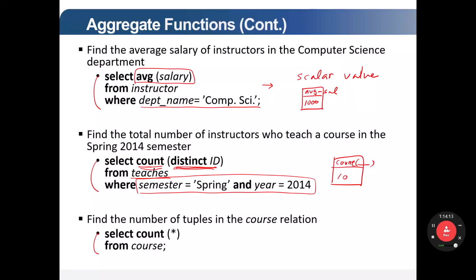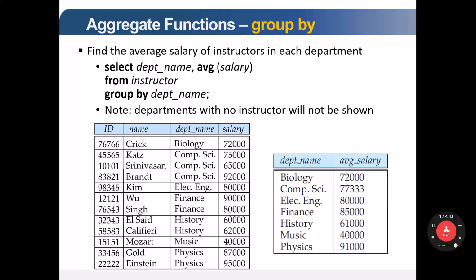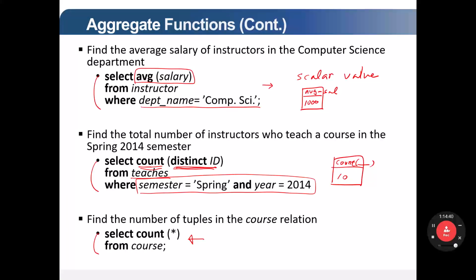And if you are curious about how many records you have in a particular table, you can use this count function with the asterisk operator. And this aggregate function is commonly used together with the group by operator, but I think this is going to take some time to explain this slide, so let's stop here. Any question? If not, then I will see you on Thursday.